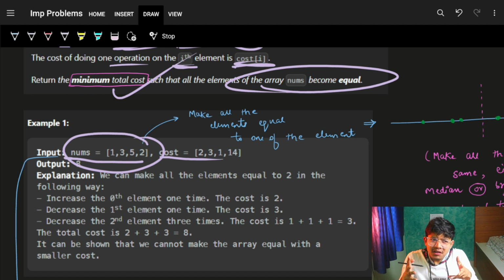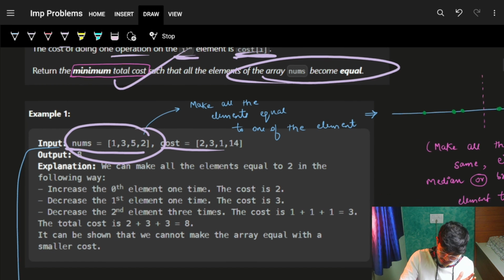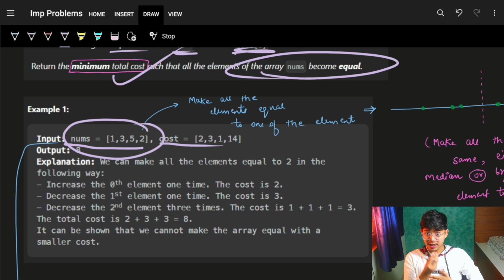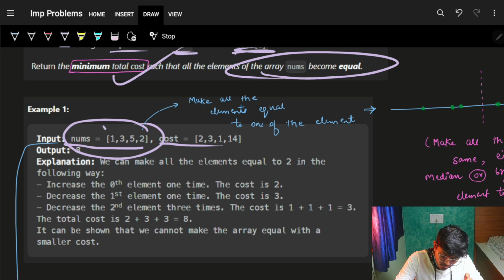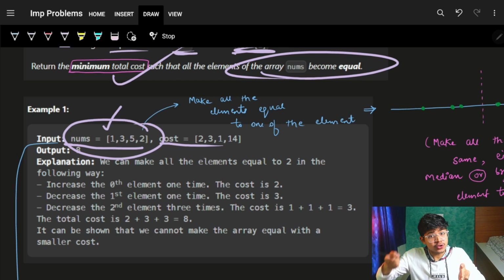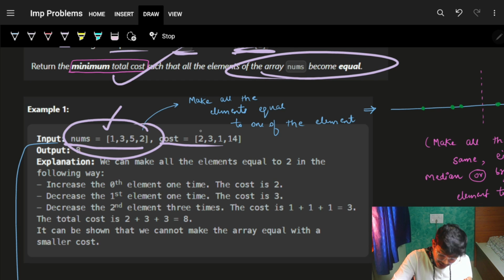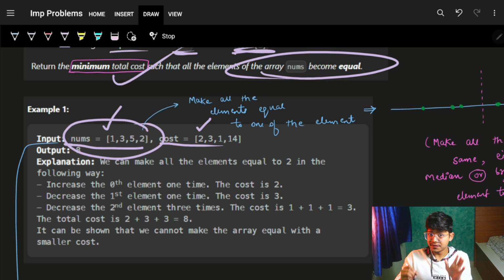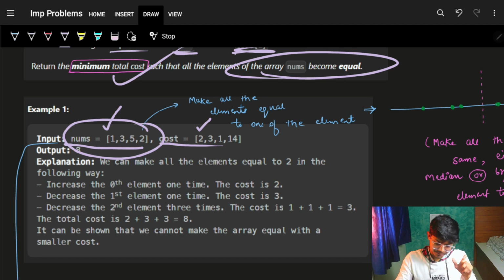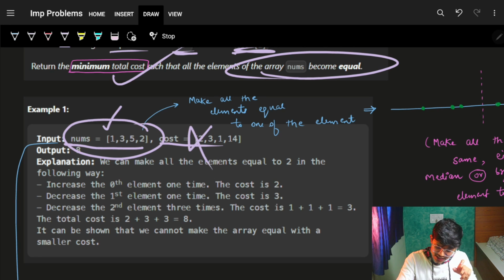What if I just have only a small problem? Whatever I spoke, I just broke that into two parts. I have to make all the array elements of nums equal and also consider the cost associated with each element. If I just say, let's say I forget the cost as of now.